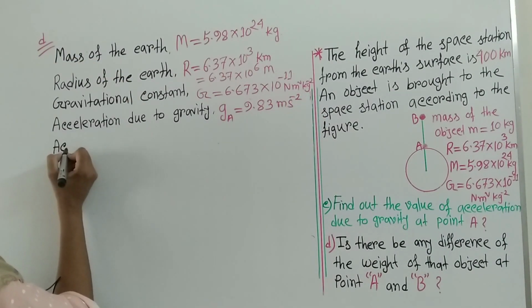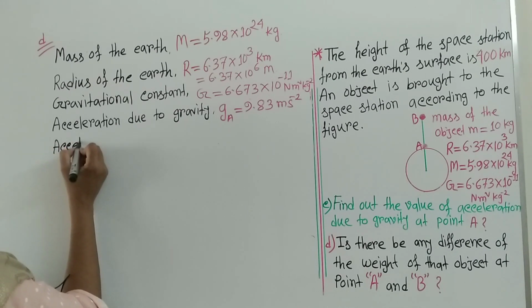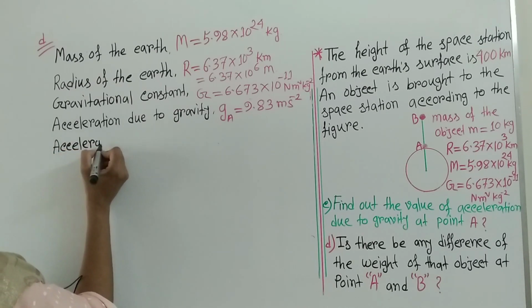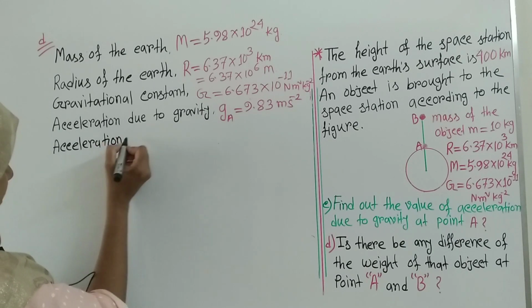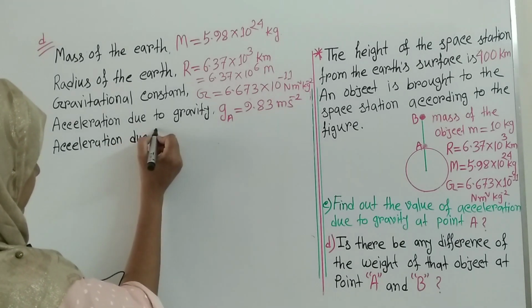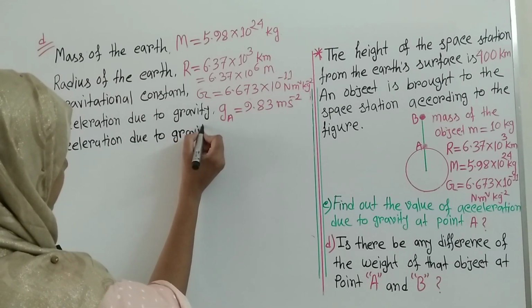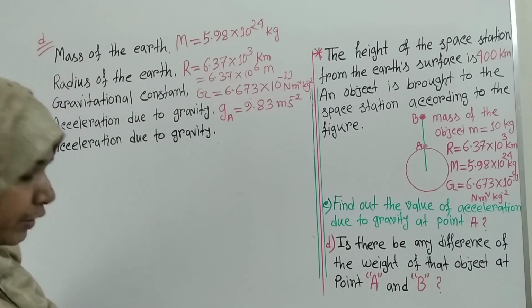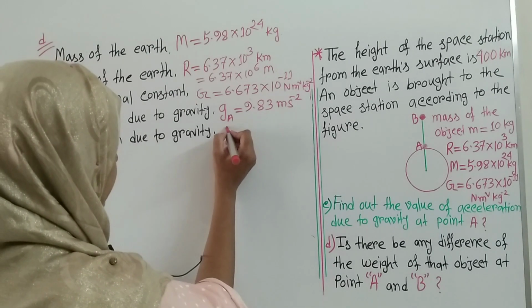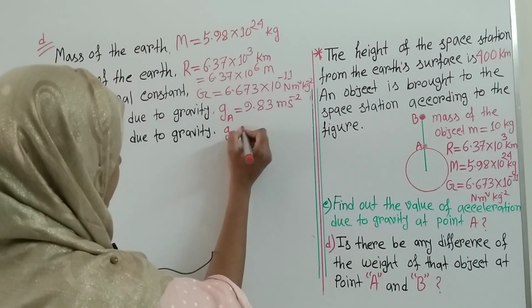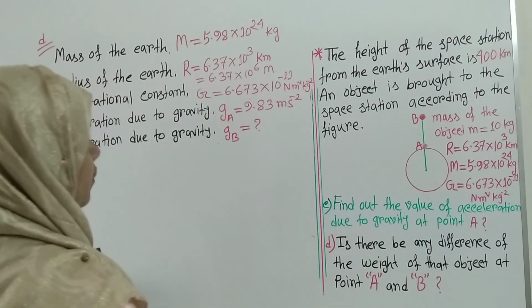Acceleration due to gravity at point B, that is Gb, is equal to what?